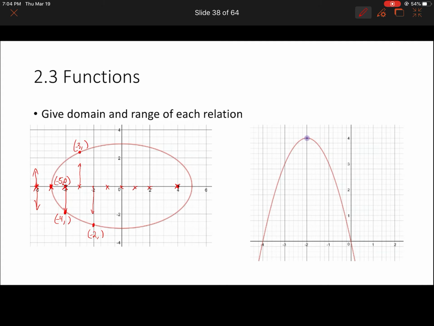I can do the same thing at -1 and 0 and 1 and 2 and 3 and 4 and then 5 again. Again, this is (5, 0). But when I get to 6, here, if I go up or I go down, I'm not going to find a point that is on that graph that is 6, comma, something.